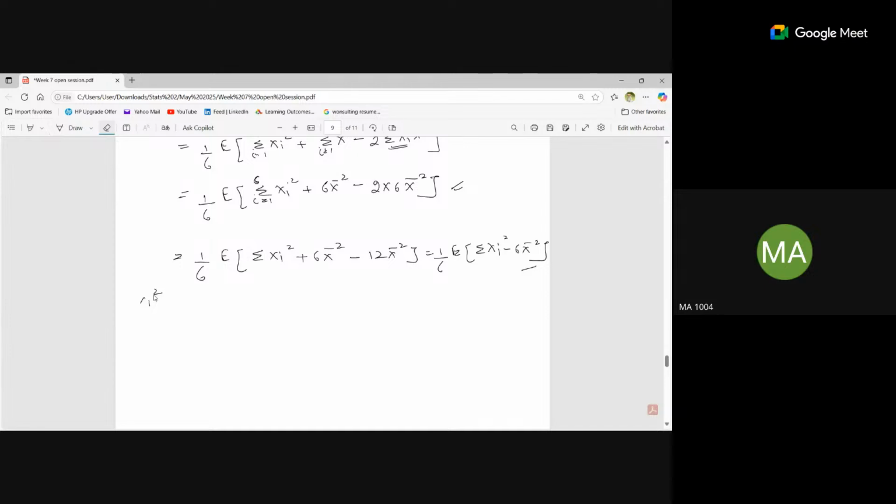So this will be equal to 1 by 6 expectation of xi square minus 6x bar square.